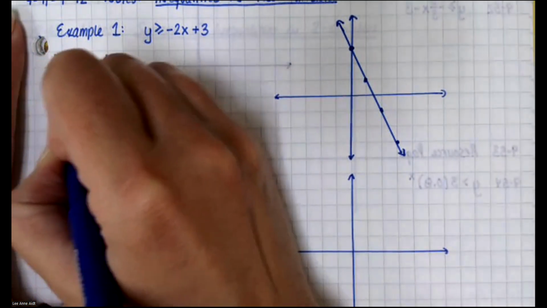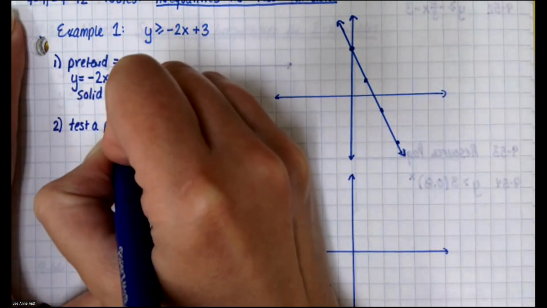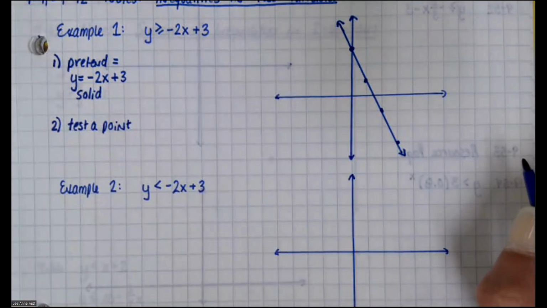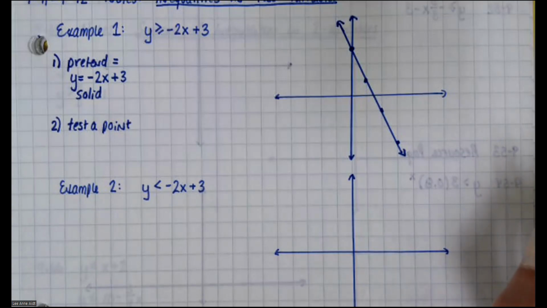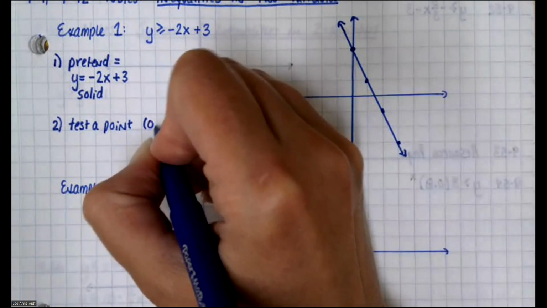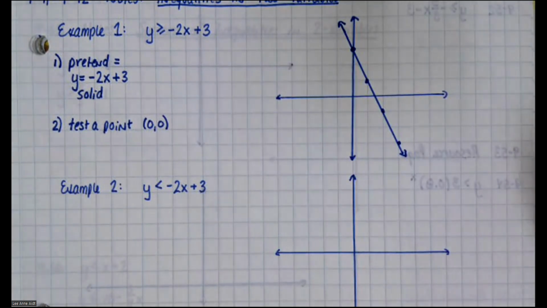So step 1, pretend you have equals, graph the line, and decide if it's solid or dashed. Step 2 is test a point. You guys tested a lot of points and told me which ones were true and false, right? So I am going to test 0, 0 almost every time. Does anybody know a time when I could not test 0, 0?